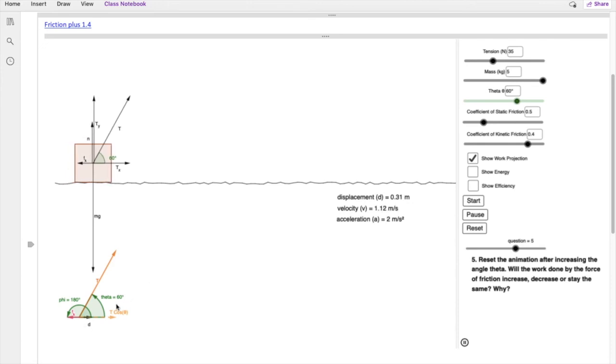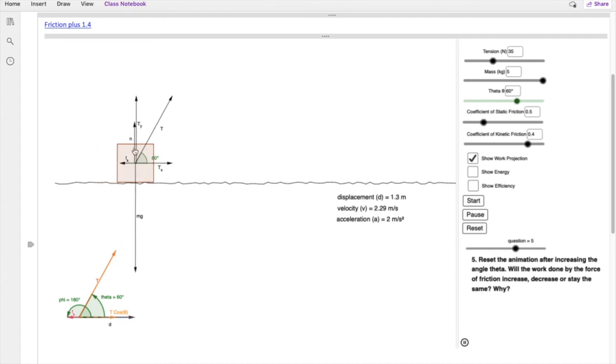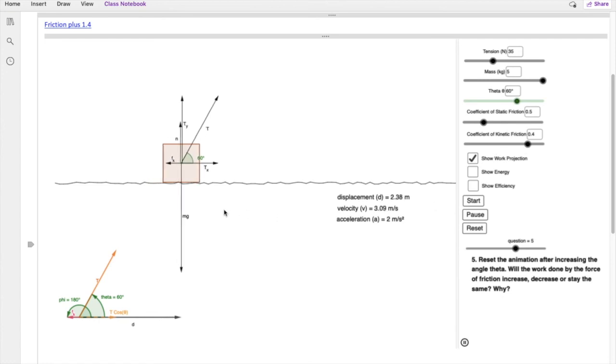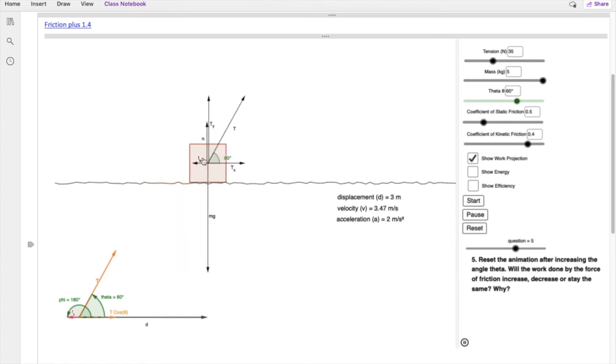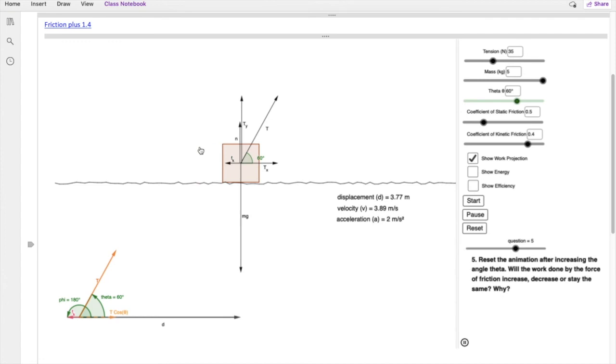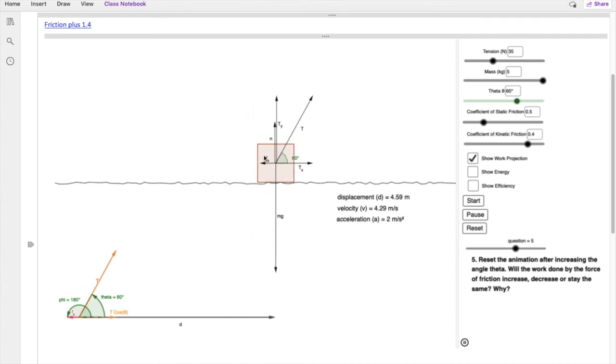While we do that, let's consider what causes the force of friction. It's going to be the normal force times the coefficient of kinetic friction. Now, the normal force has decreased from its original value.